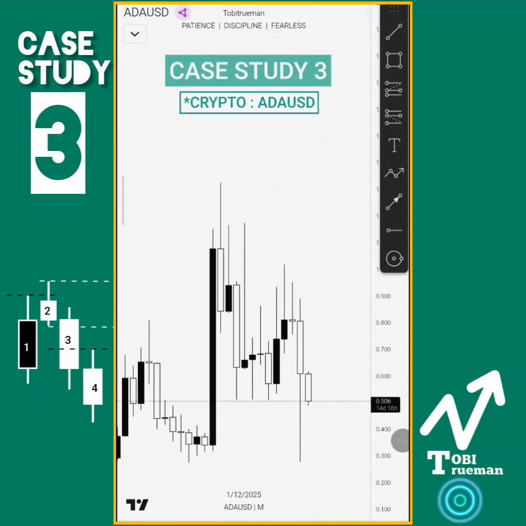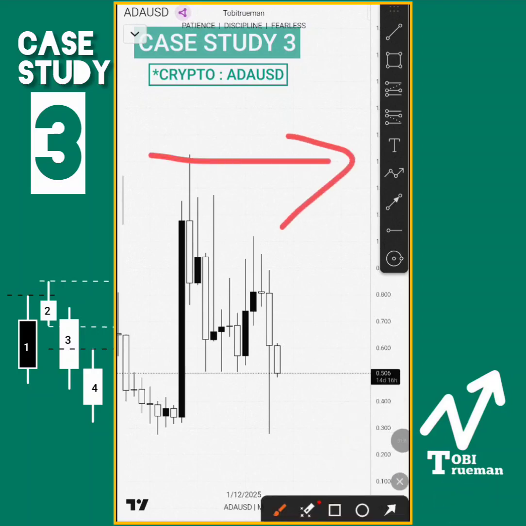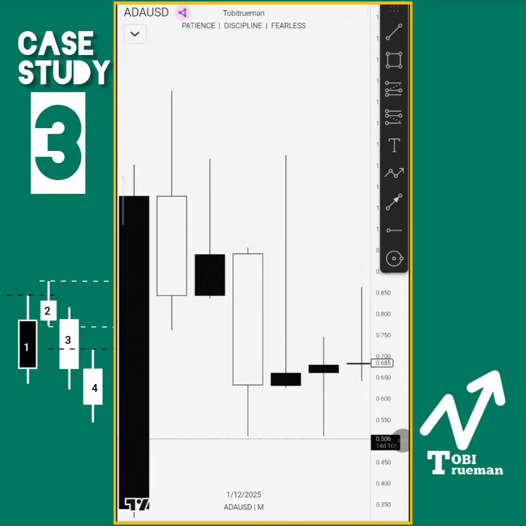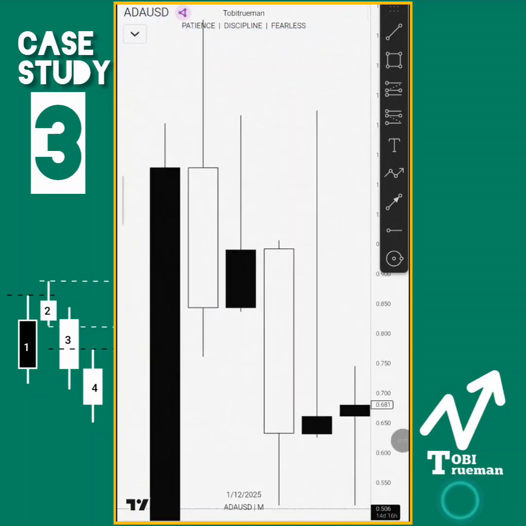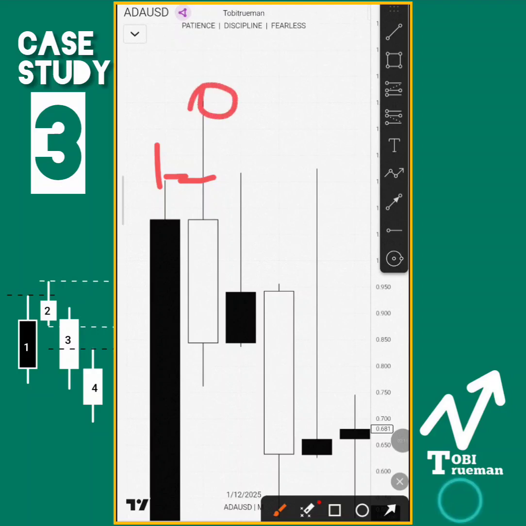Now looking at this chart, we are going to be starting from the current, looking to the right. Everything that is on the left has already happened. Zooming in very well, on the monthly you can see that this is candlestick 1 taken out by the high of candlestick 2.